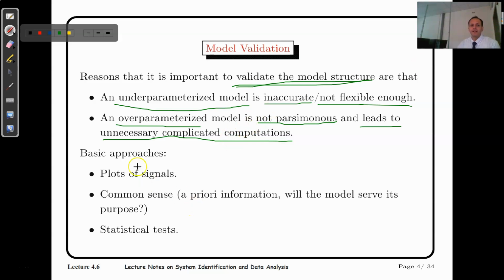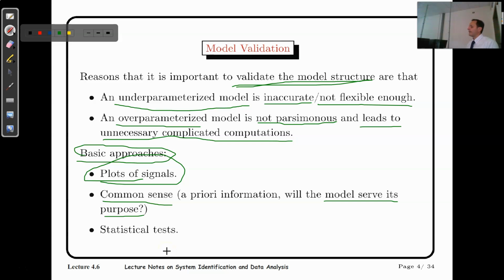So for model validation, there are basic approaches. We will see there are very simple approaches: comparing some plots of signals. Another way for understanding the validity is common sense: a priori information, the purpose of the model.